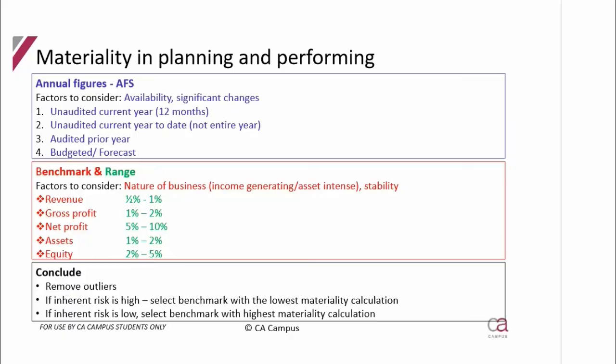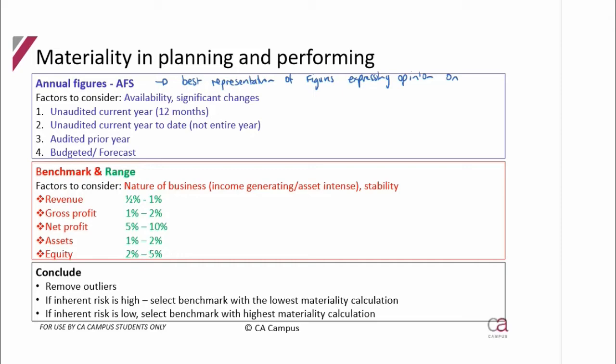First of all, when you're choosing the figures, you want these figures to be the best representation of the figures that you are going to be expressing an opinion on. So, ultimately, you want the financial statements that you are going to be expressing an opinion on to be the figures that you are using.